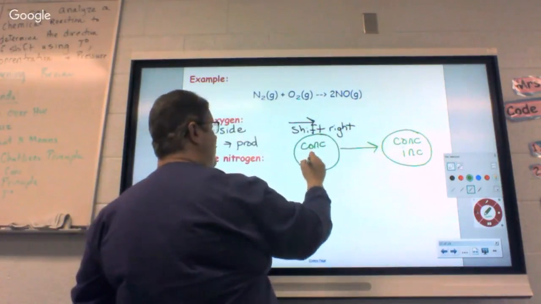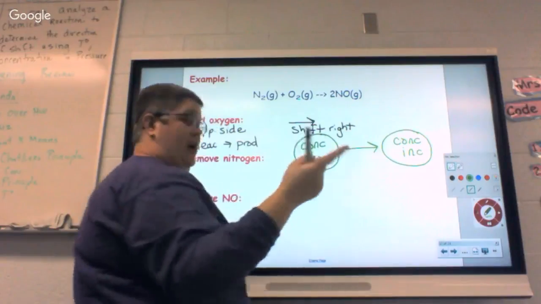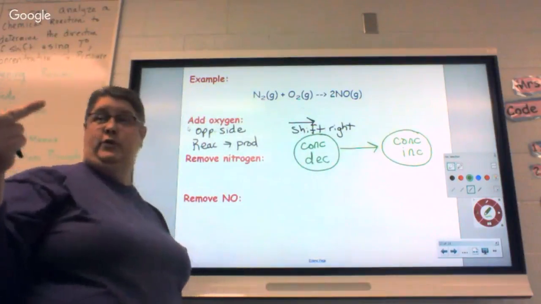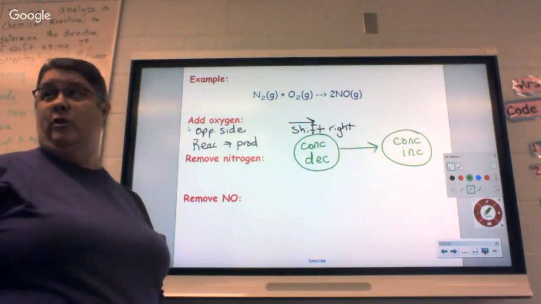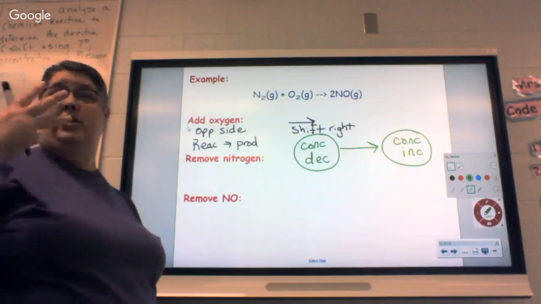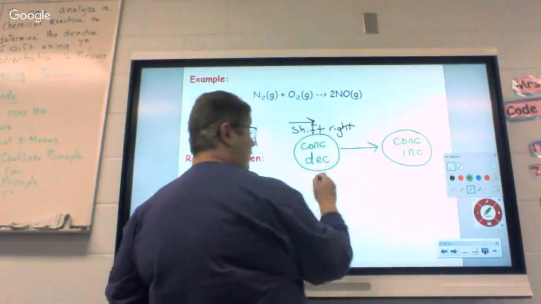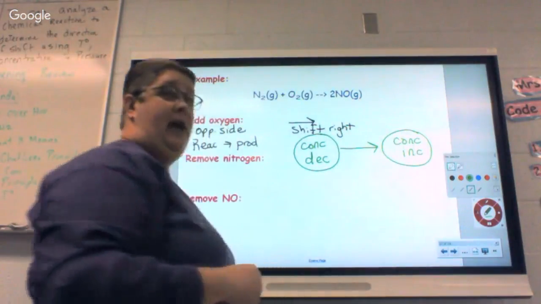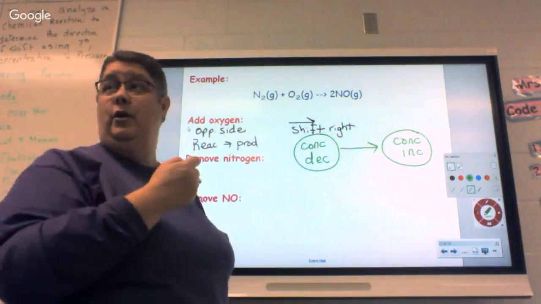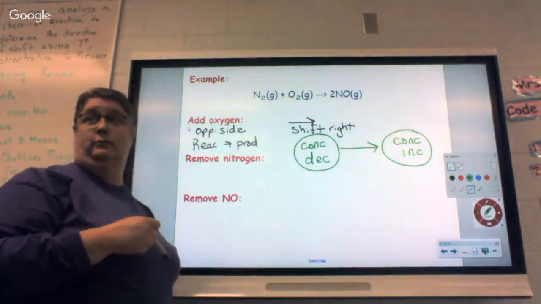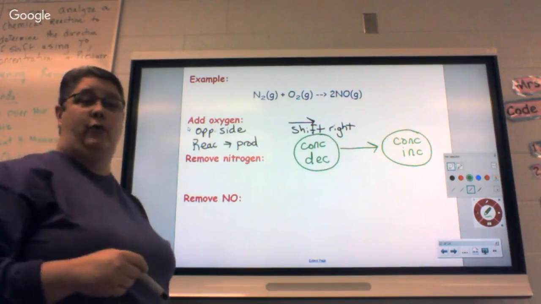That is true whether we're talking concentration, temperature, or pressure. Every single time you say shift to the right, whatever's on the right will increase, whatever's on the left will decrease. Now, if you say shift left, whatever's on the left will do what? And whatever's on the right will do what?